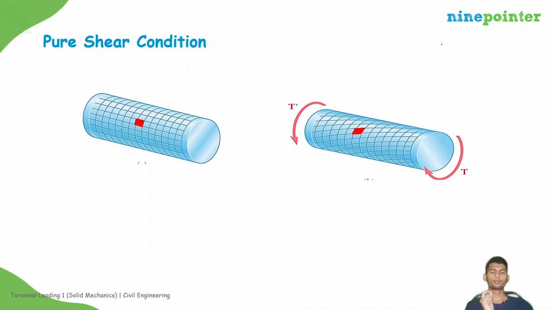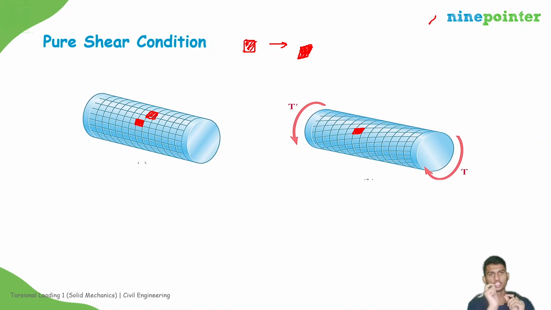Now, what is the pure shear condition? If you take one box over here, initially the box is like this, and after application of the torsion, the box is changing like this. The lengths are almost equal, but the shape of the box is changing, meaning the angle is changing.